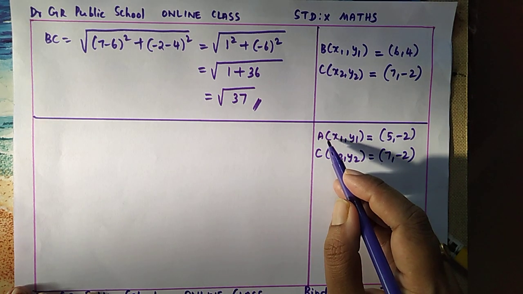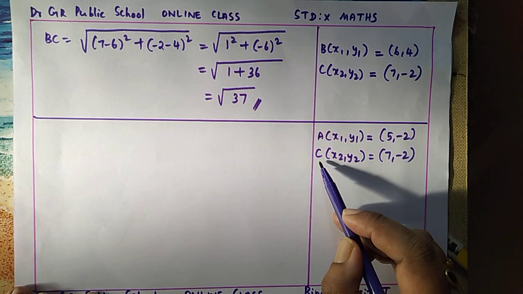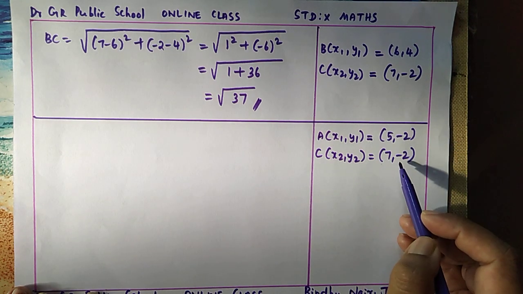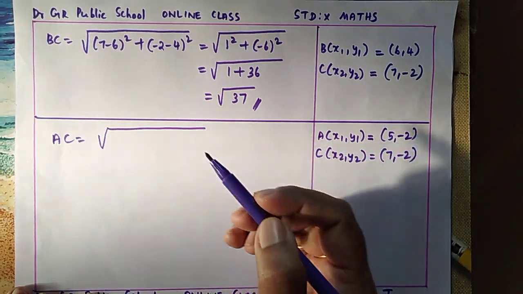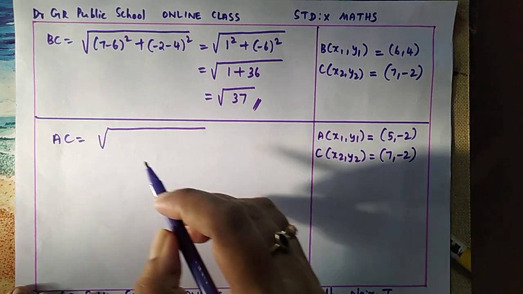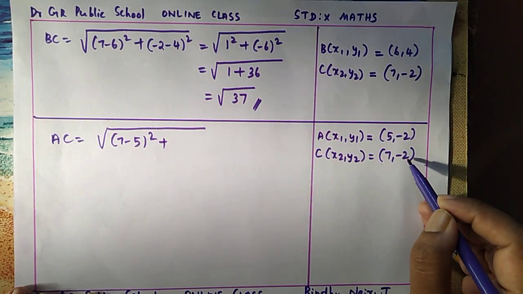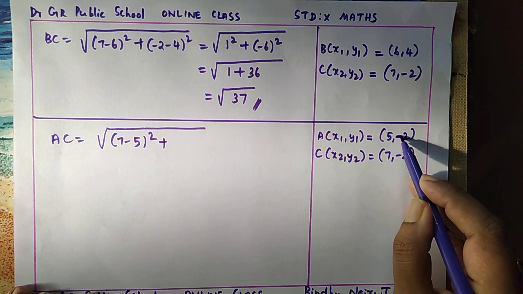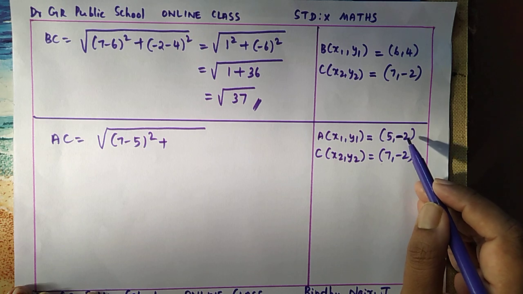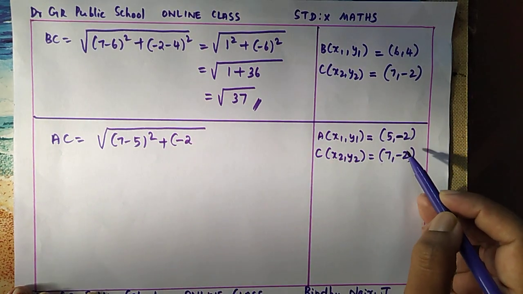Now come to the last one, AC. Now A is our x1, y1 and C is our x2, y2. Write the coordinates. So AC equal to root of 7 minus 5 the whole square plus minus 2 minus of minus 2. Correct? Here also one minus is there. So minus of minus 2 will become plus. So minus 2 plus 2.